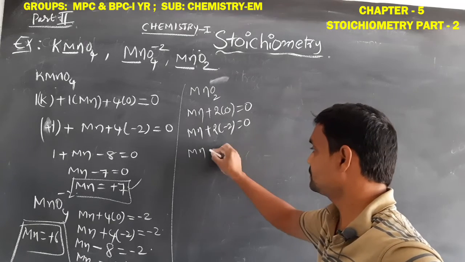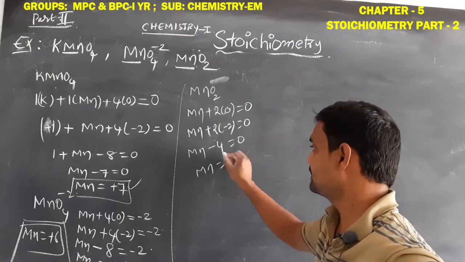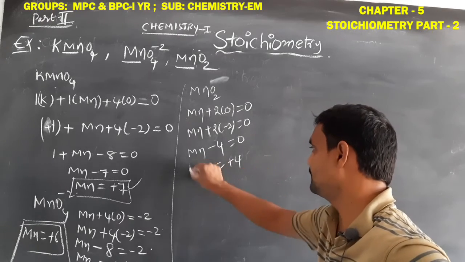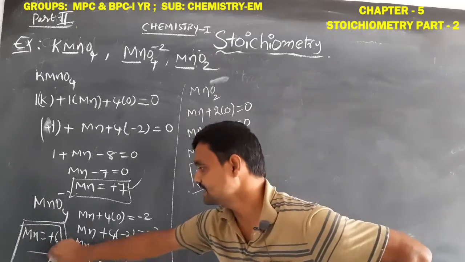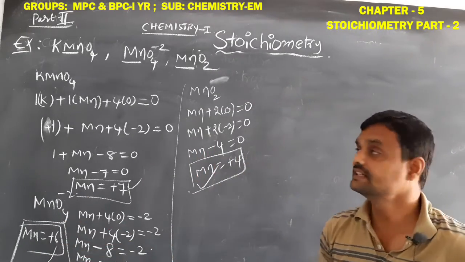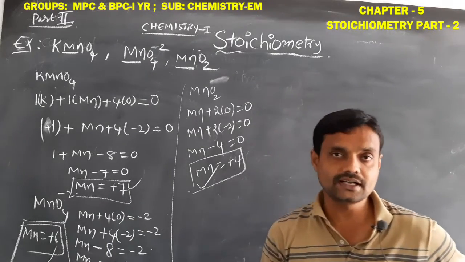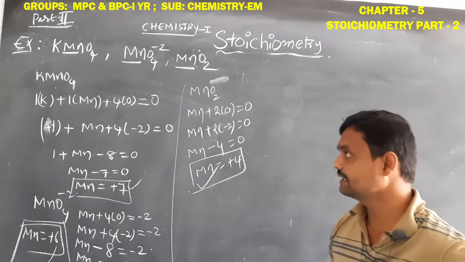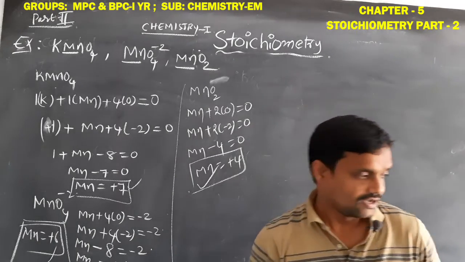So manganese, 2 into minus 2 is minus 4, is equal to 0. So manganese is equal to how much? Plus 4 oxidation number. So this is the method used to determine the oxidation number of an element in any given compound.